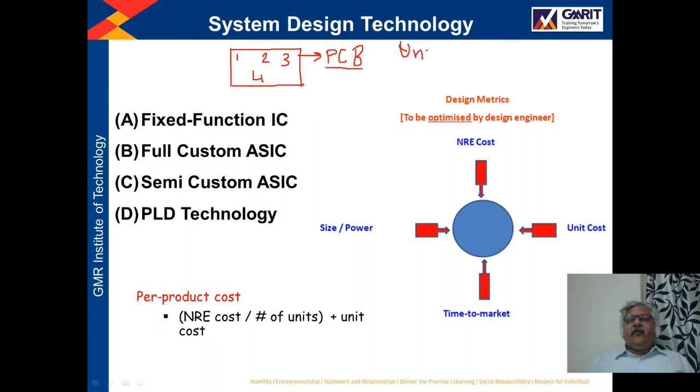So let us assume for one particular unit, the unit cost is rupees 100.